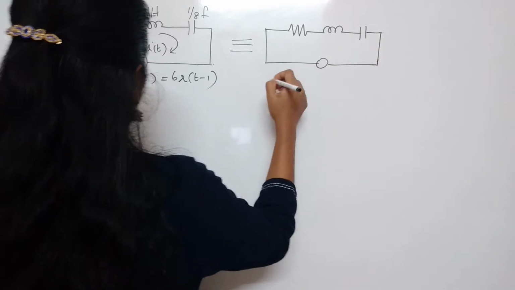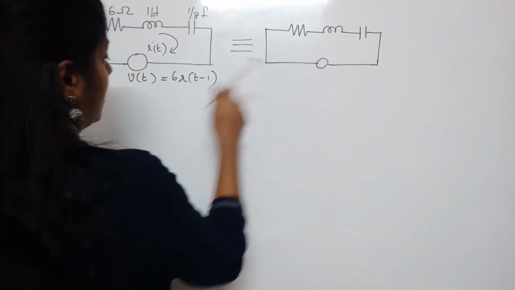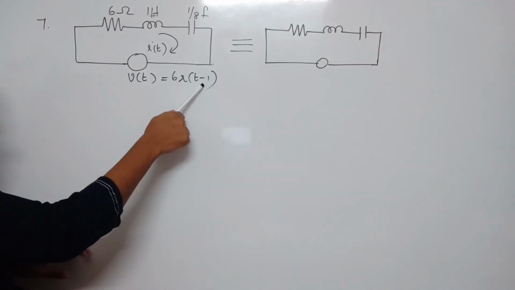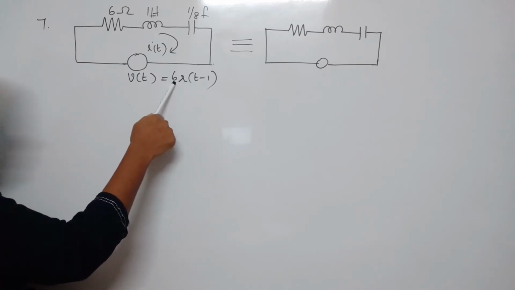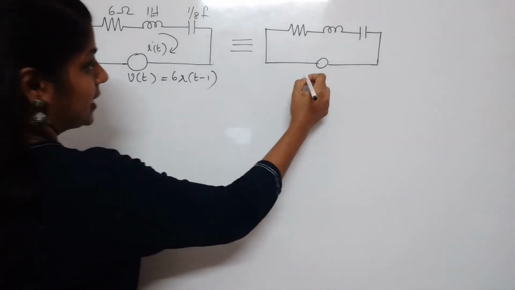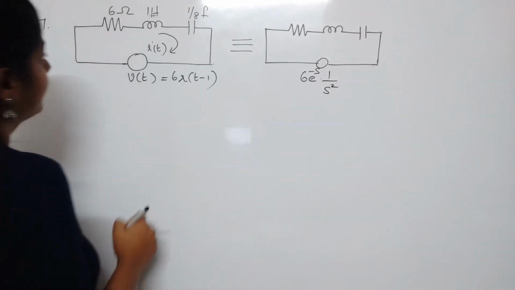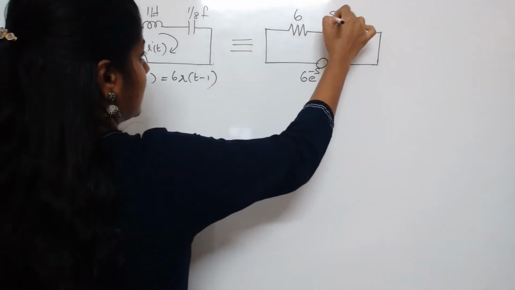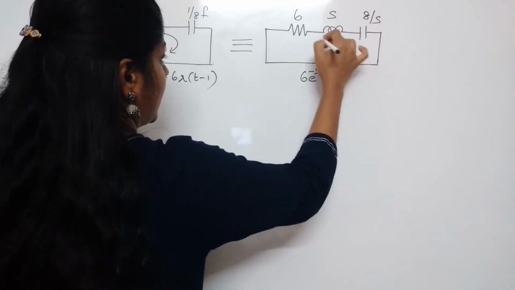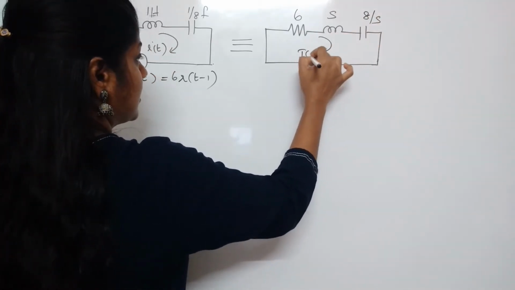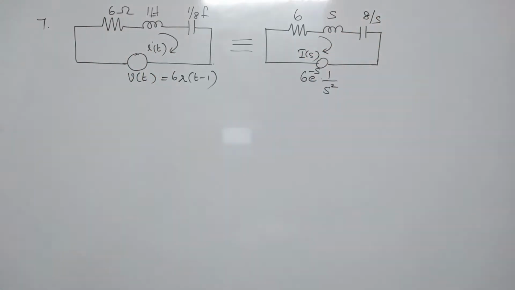The input will be 6 into r of t minus 1, which is 6 into e raised to minus S into 1 by S square. This is 6, this is S, this will be 8 by S, resulting in current I of S.